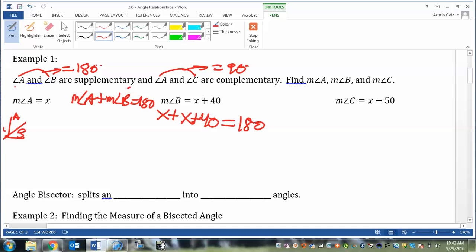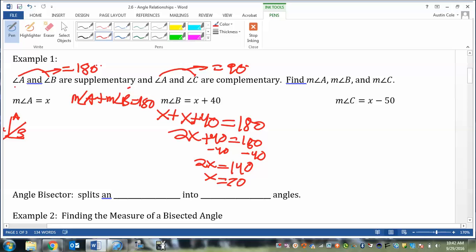Now what? Abby, what do you think? Combine like terms. Awesome. 2x plus 40 equals 180. Subtract 40. 2x equals 140. So x equals 70.